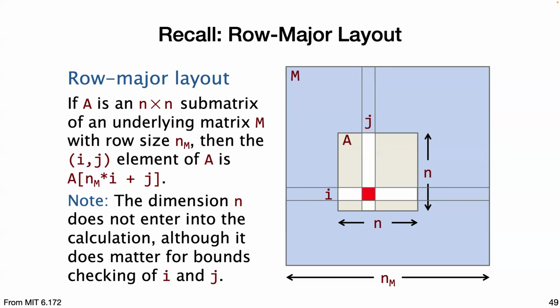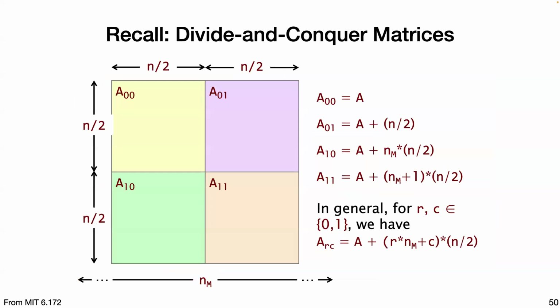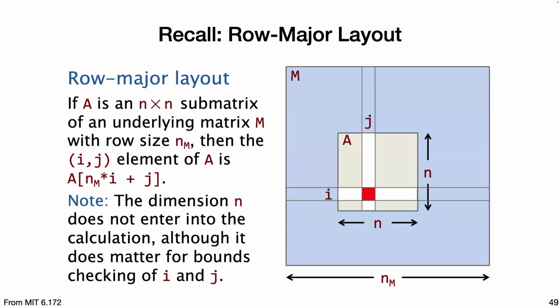If your dimension is n sub m, then to get row i and column j, you do row length times number of rows plus column. It doesn't really matter how you store your matrix, but when we write code, you have to pick some storage method, so you have to index into it.